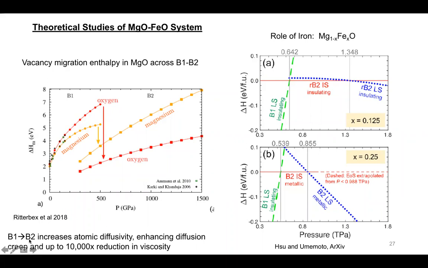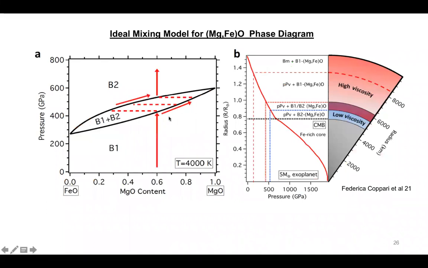So his conclusion is basically that this transition produces a big increase in atomic diffusivity, enhancing diffusion creep, and could lead to as much as 4 orders of magnitude reduction in viscosity. So this phase transition can be really significant if it's occurring inside an exoplanet.